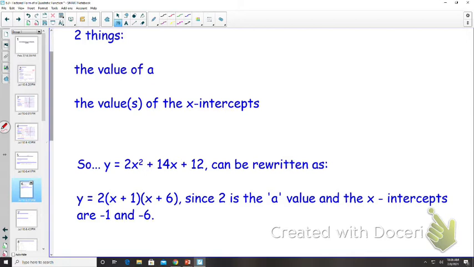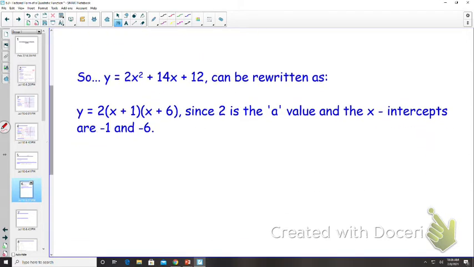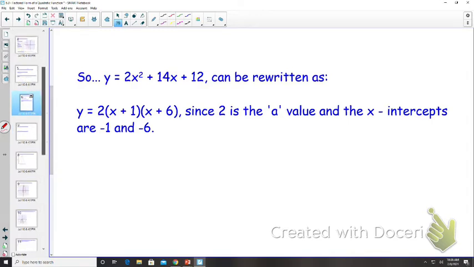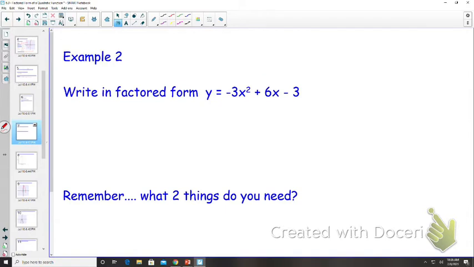So, to summarize what we talked about, y is equal to 2x squared plus 14x plus 12 can be rewritten as y is equal to 2 bracket x plus 1 bracket x plus 6, since 2 is the a value, that doesn't change, and the x-intercepts are -1 and -6. Okay? So be able to go from either standard form to factored form, or one way or the other.